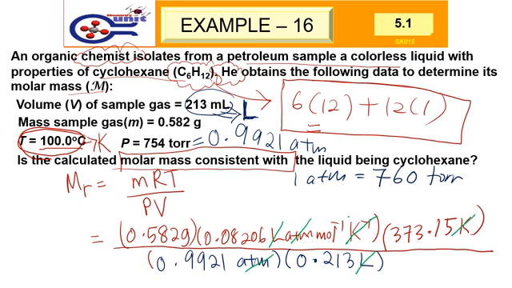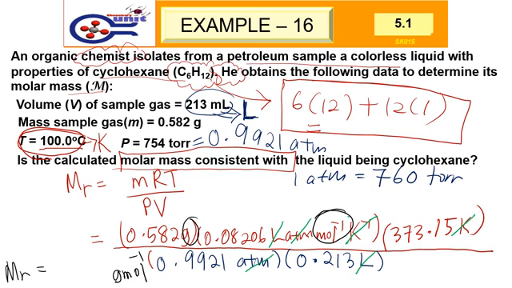Okey, kita conteng. So, molar mass is equals to, yang penting jawapan akhir awak ni unit dia mesti gram per mole. The molar mass unit is gram per mole. Dapat tak? Sini unit gram, sini unit per mole. So dapatkan jawapan akhir dia? Gram per mole. So, tekan kalkulator awak dapat berapa? 0.582 darab 0.08206 darab dengan 373.15.